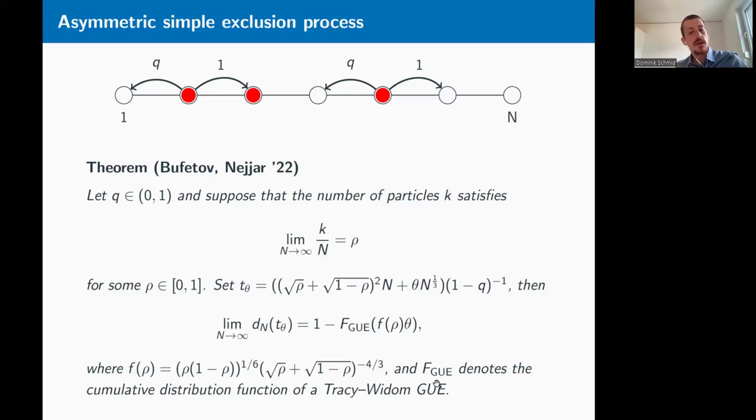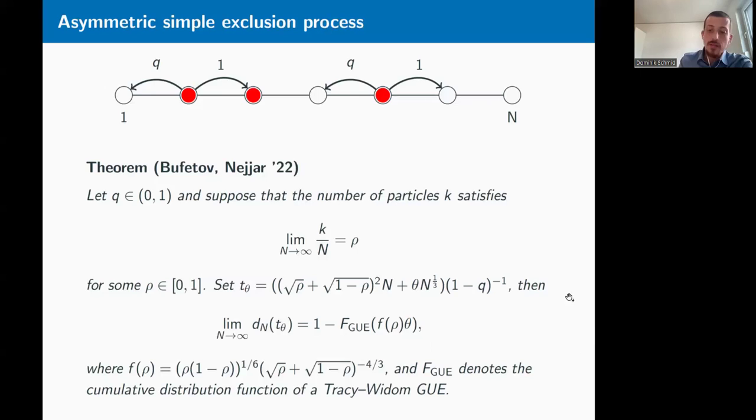So suddenly, in the question about limit profiles, we see the appearance of distributions we know from random matrix theory. And this is maybe the flavor of using tools from integrable probability: for a particle system, here the asymmetric simple exclusion process, we see something which we can identify with objects from random matrix theory.